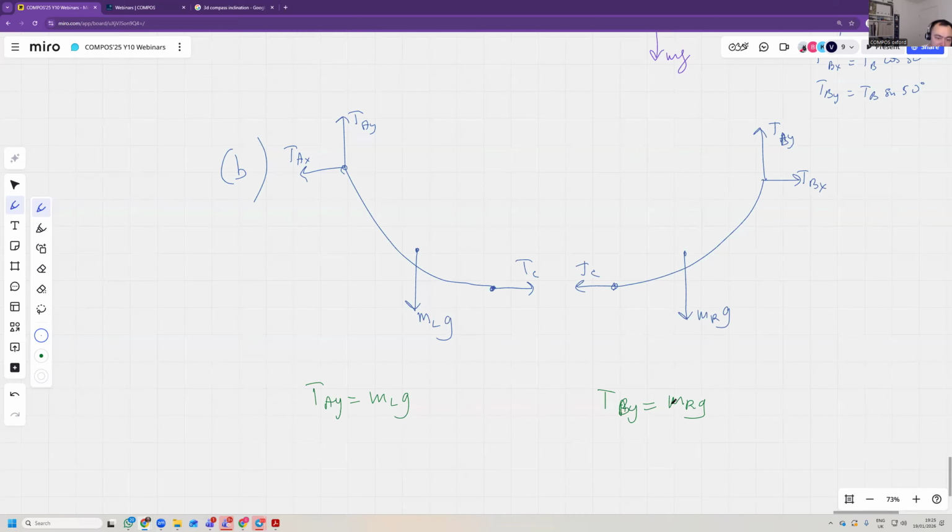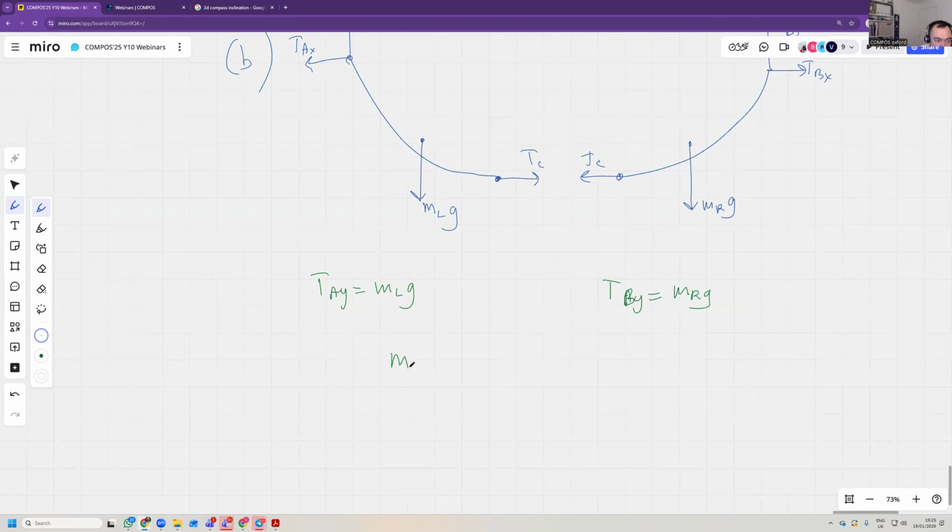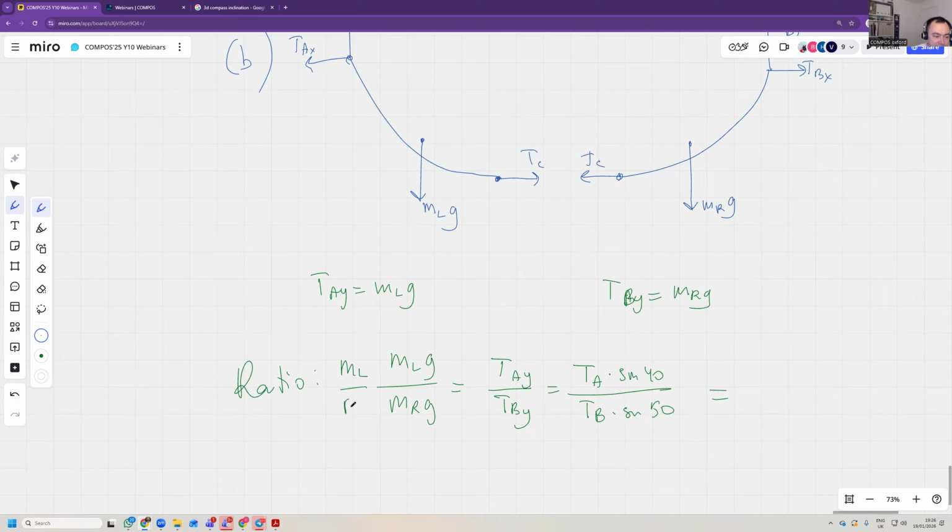And if you want the ratio, mass on the left g divided by mass on the right g is simply TAY divided by TBY, which you already know, because that's TA multiplied by sine 40, and this is TB multiplied by sine 50. And just substituting the values from the previous one, you find the ratio ML over MR.